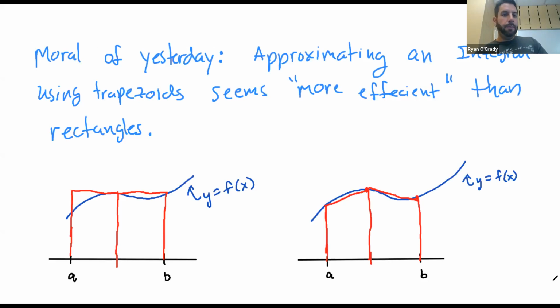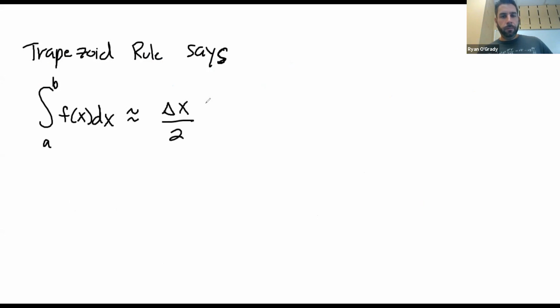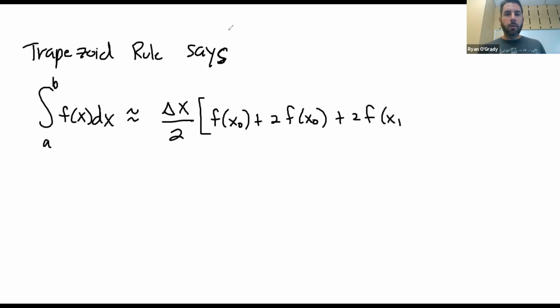All right. So the trapezoid rule says that if I have an integral, and again, we assume that the integral exists, so f is a continuous function, then we can approximate this in the following way. So this pattern, I wrote this down wrong, bear with me. Got the wrong indices.